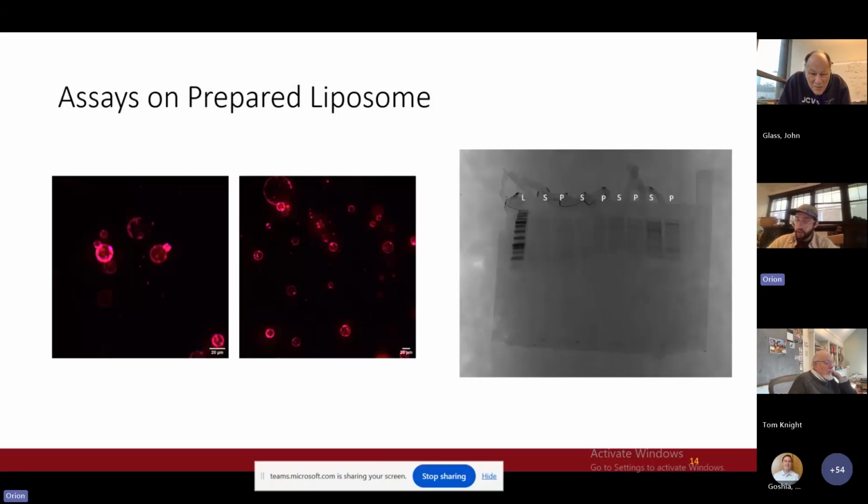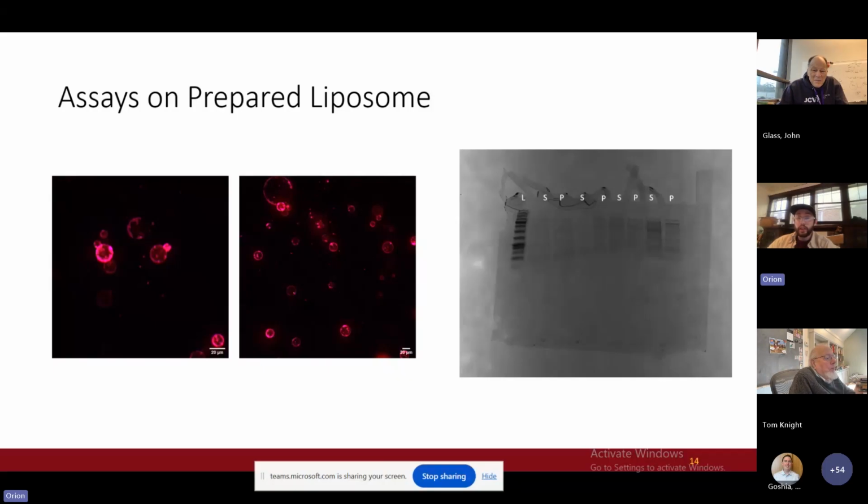And then I just kind of wanted to show you some results with the liposome system. So here on the left, I'm showing you two micrographs from earlier in the summer. Red is the membrane, and magenta is a bacterium that I am encapsulating inside the liposomes. And just to kind of further hammer the point home of how fragile the liposomes are, I'm showing you a very preliminary gel on the right of supernatant versus pellet of the liposomes.